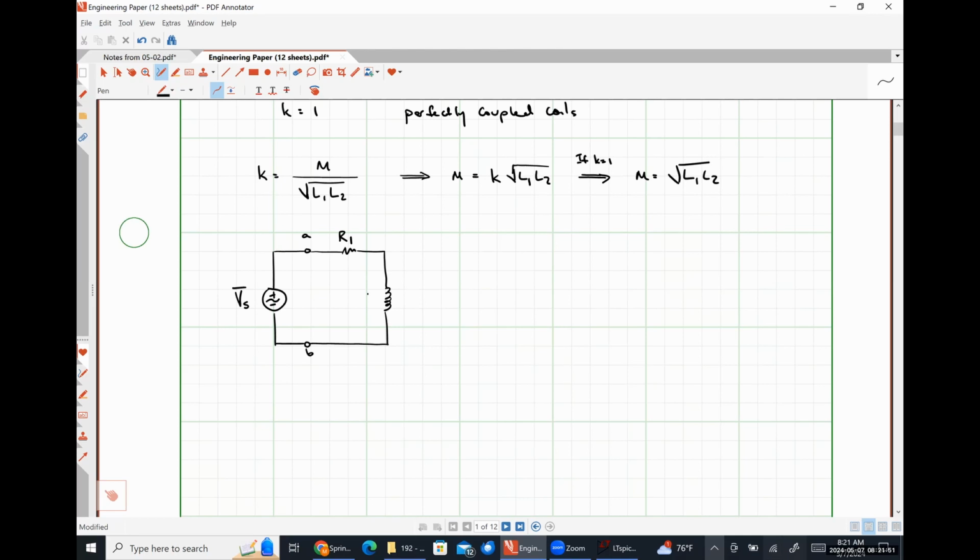There is an equation to determine it. I believe it's something in the ballpark of 1.6 times the DC resistance, but don't quote me on that. It's been a minute since I looked at it. And then over here on the right-hand side, we'll have our second coil.